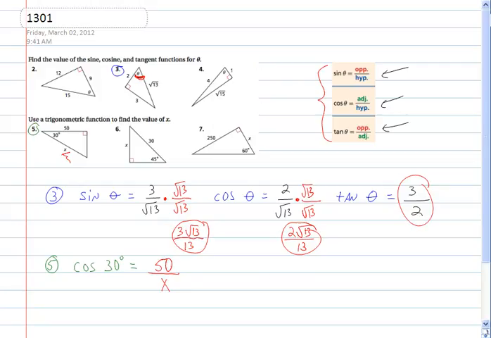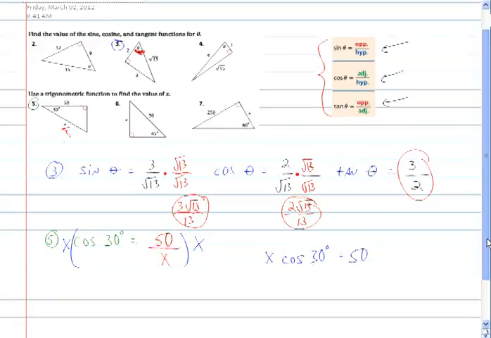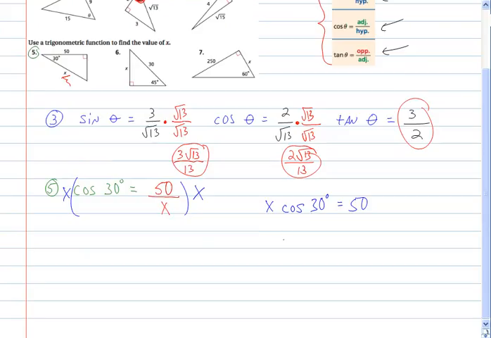So now I want to be able to solve for x. So when I do that, I'm going to multiply x to both sides to get rid of the fraction. So I get x times cosine of 30 degrees is equal to 50. Then divide both sides by cosine 30 degrees.